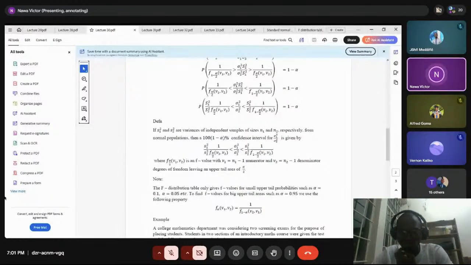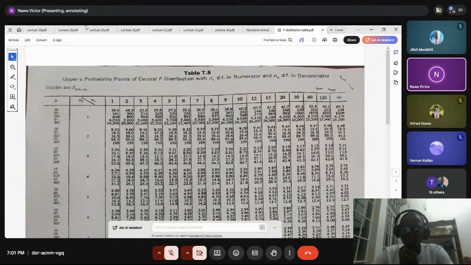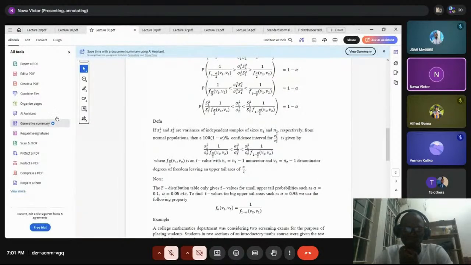So what you notice on that F distribution table is that we don't have values of alpha in the upper tail exceeding 0.1. They start from 0.1 and get smaller. So if we are looking for anything bigger than 0.1 in the upper tail, we should apply a property.